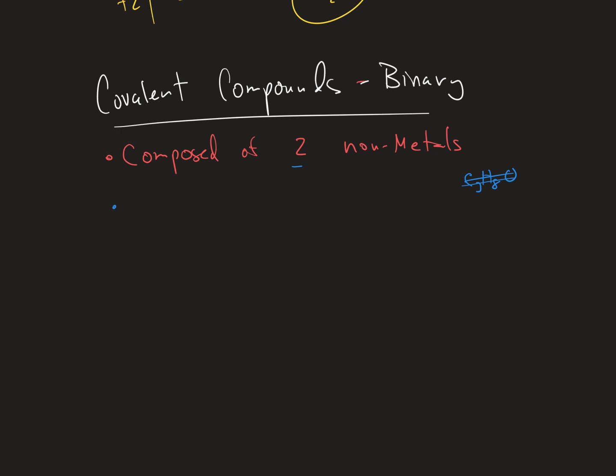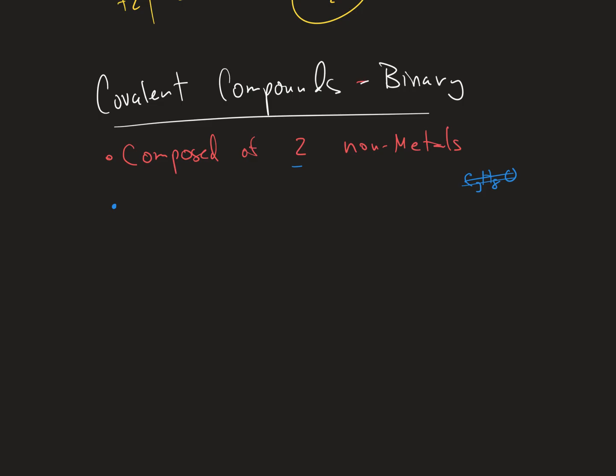All right, another thing you need to know. We said ionic compounds are crystalline solids at room temperature, right? Covalent compounds, can you have a crystalline solid at room temperature? Yeah, like sugar. Sugar is a covalent compound, it's a crystalline solid.